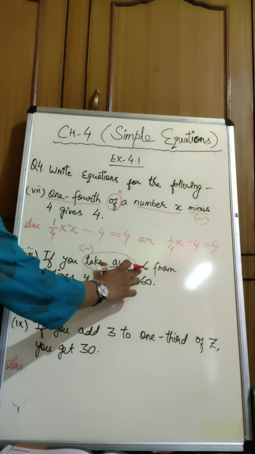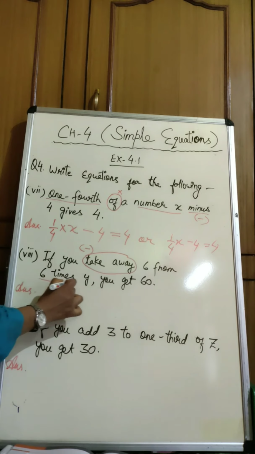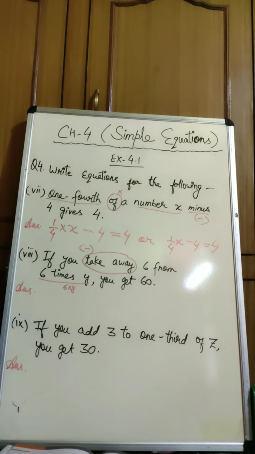So minus 6. From what? 6 times y. 6 times y means 6 into y. Times means also into. So now how will we write the equation for this?